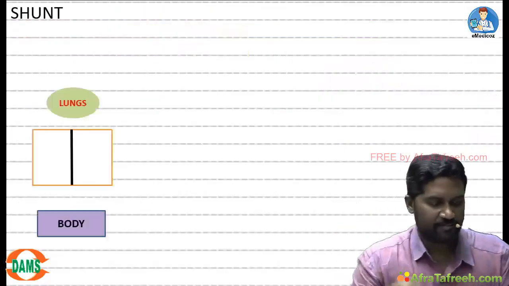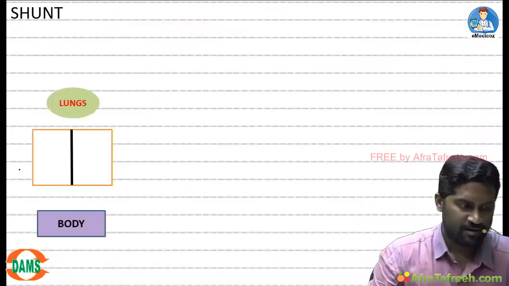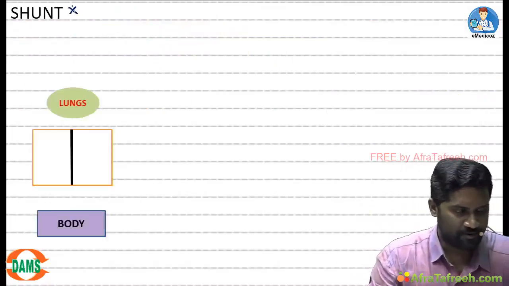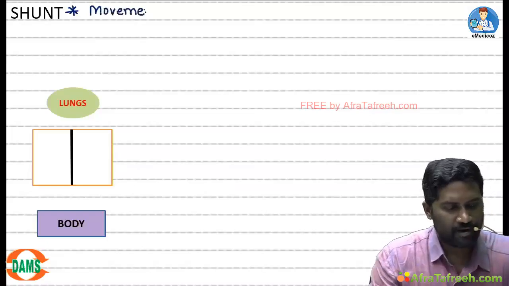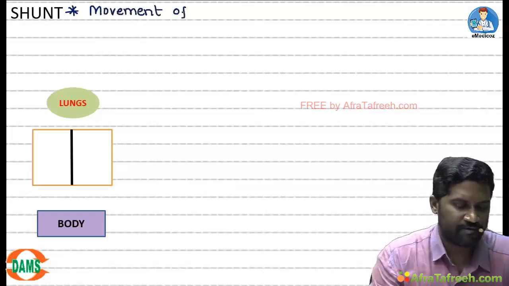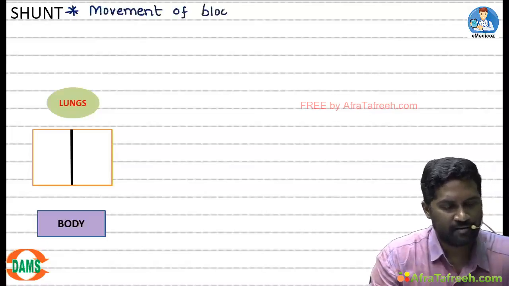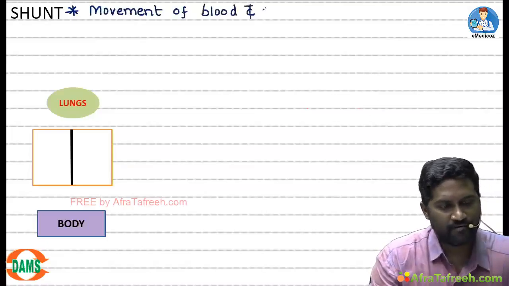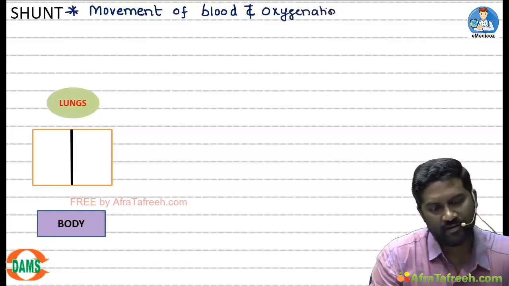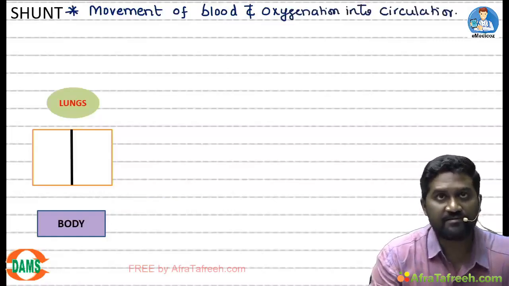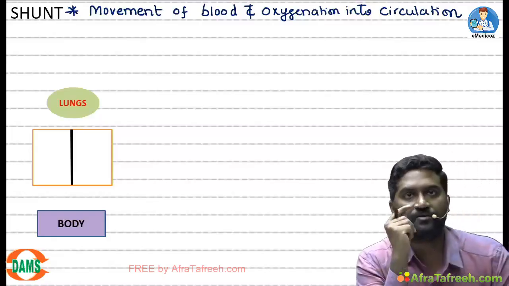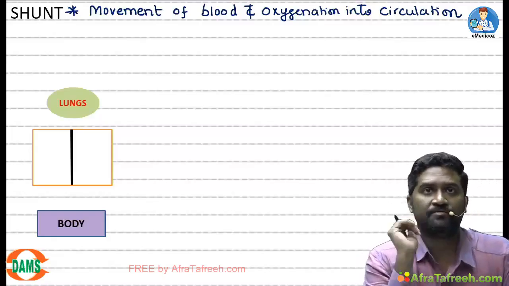Shunt with respect to hypoxemia means movement of blood without oxygenation into systemic circulation. Shunt is movement of blood without oxygenation into circulation.